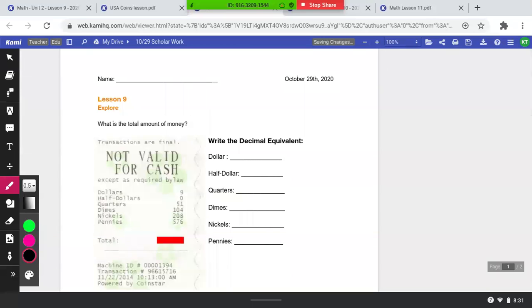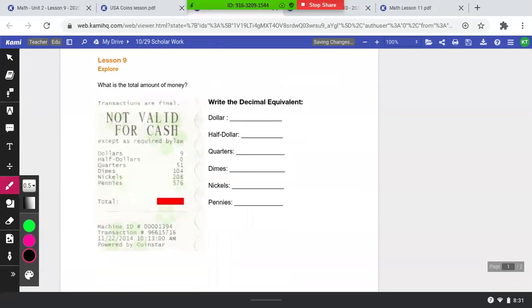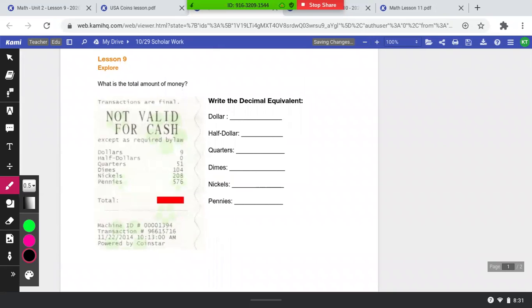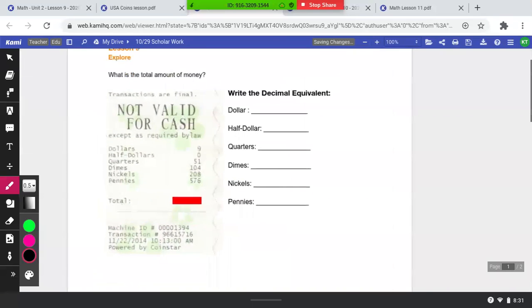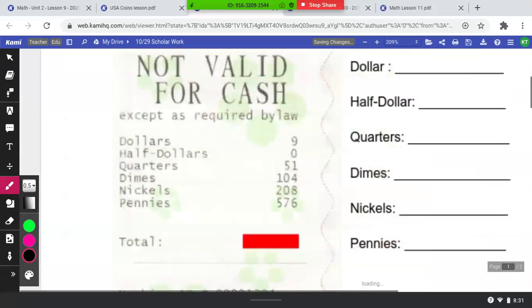Okay, let's do an explore problem. What is the total amount of money? So let's read this receipt here. We see it has $9, half dollars 0, quarters 51, dimes 104, nickels 208, and pennies 576.